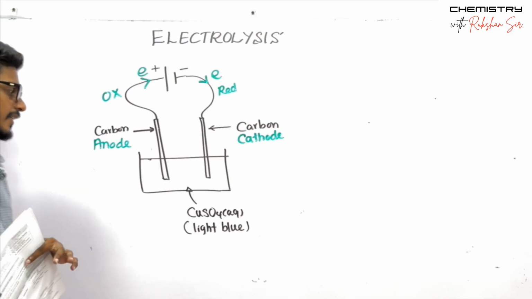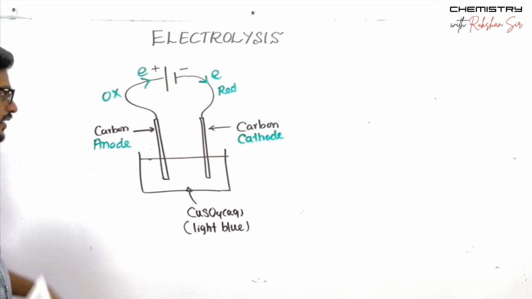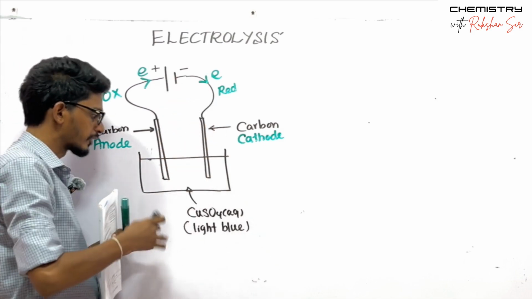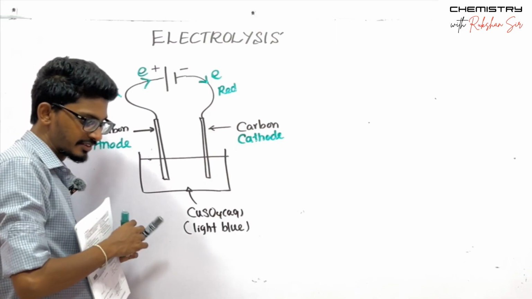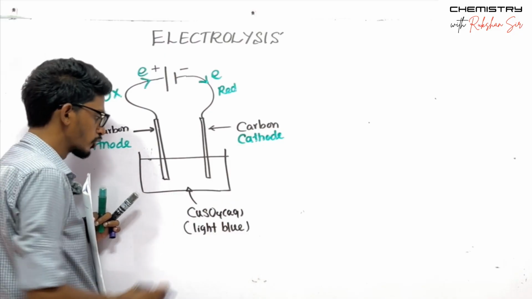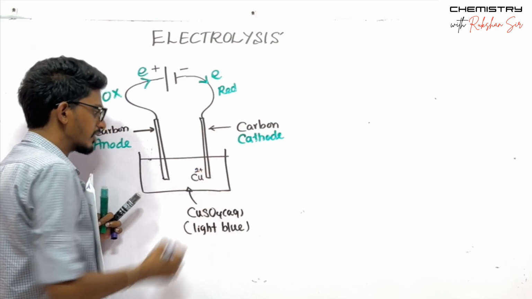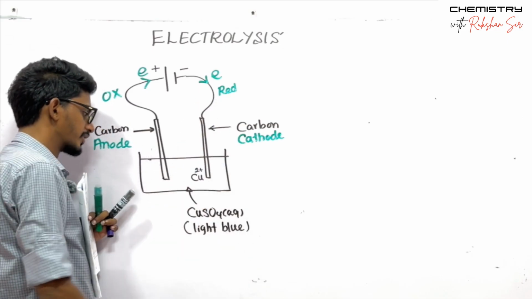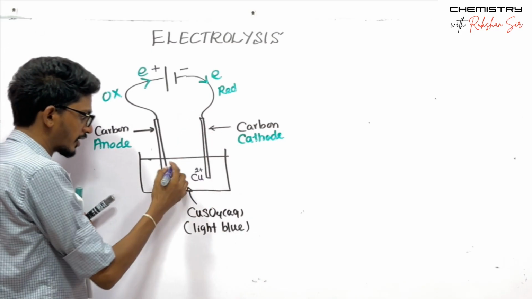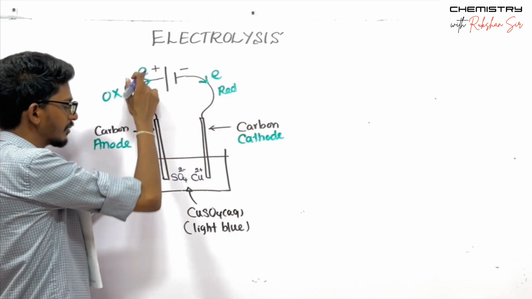Then what will happen in the solution here? Towards the negative terminal, the cathode, the cations in solution will get attracted. This solution contains copper 2 plus ions and SO4 2 minus ions. So the copper 2 plus ions, the cations, will get attracted towards the cathode, the negative terminal. The anions of the solution, SO4 2 minus, will get attracted to the positive terminal.